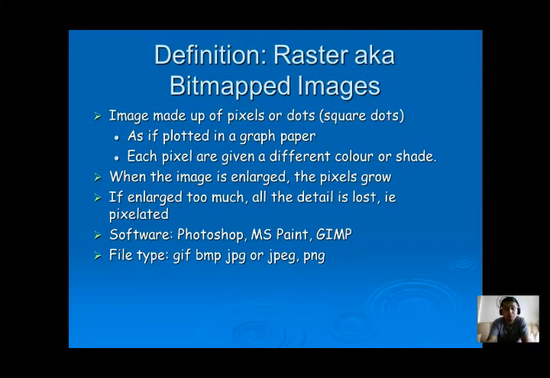If you want to visualize how a raster image looks when it's being interpreted or stored in a computer, it's something like this. So let us say, if you look at a graph, a raster image, it is as if it's being plotted in a graph paper.